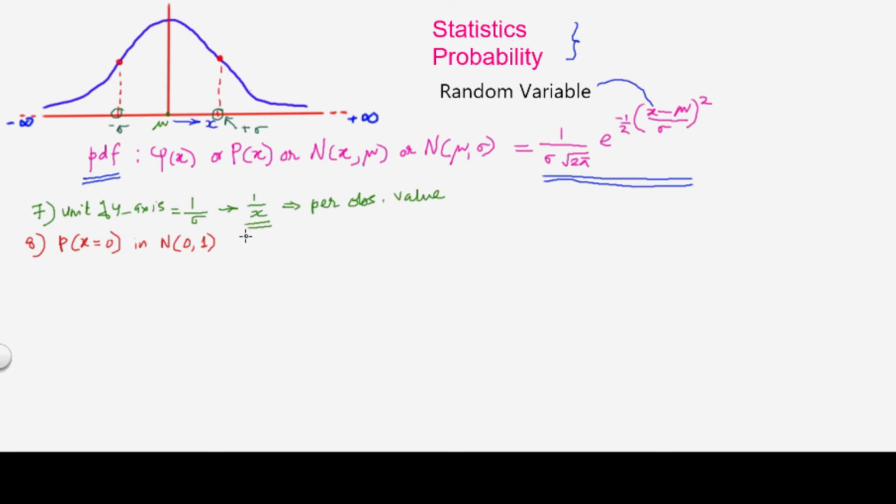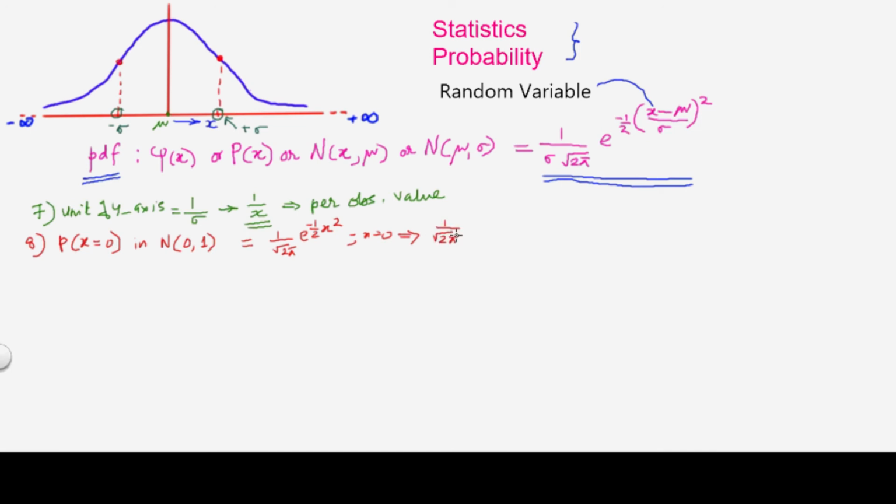You can also use the equation and substitute, because you know that in the standard normal the equation is nothing but 1 by root 2 pi e raised to minus half x square, and if you substitute x equal to 0, it will yield 1 by root 2 pi as the probability.